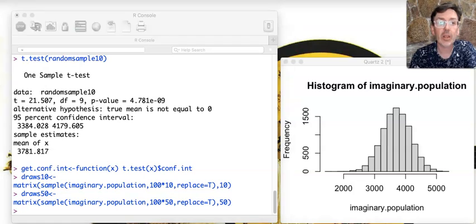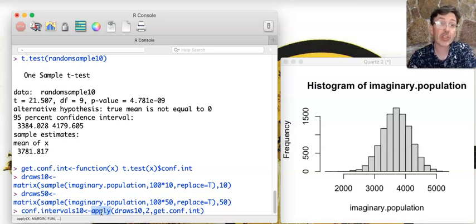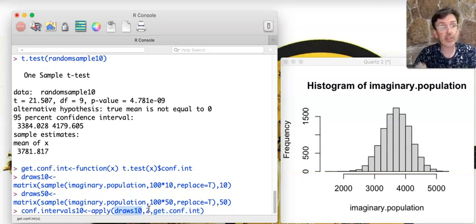Now, with my data, I'm going to take the object called draws10, and I am going to use apply, which is a really cool family of functions. It's going to apply the function that says get confidence interval to the data set, working down by columns. That's what the 2 indicates.